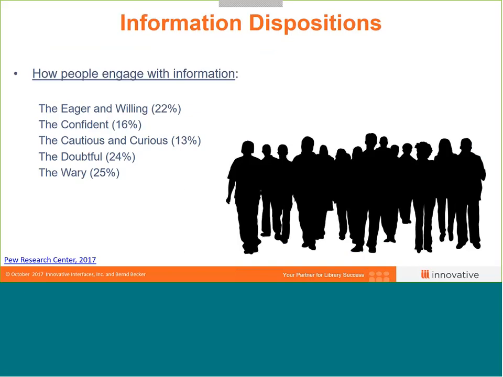So last session we looked at some Pew Research looking at how people learn with digital technology, but there is another one by the Pew Research Center that also sought to identify 5 dimensions of people's engagement with information. And they were grouped as the eager and willing, the confident, the cautious and the curious, the doubtful, and the wary.